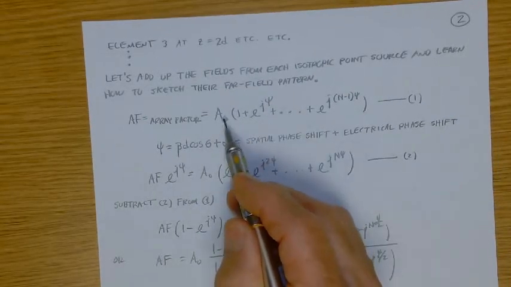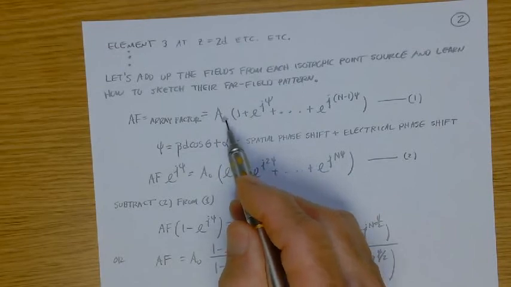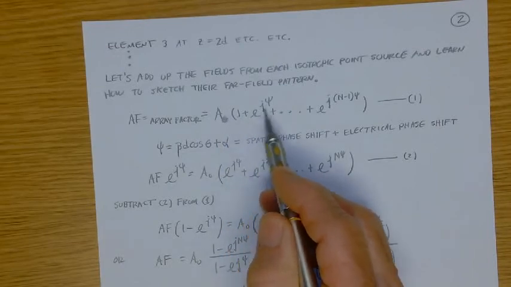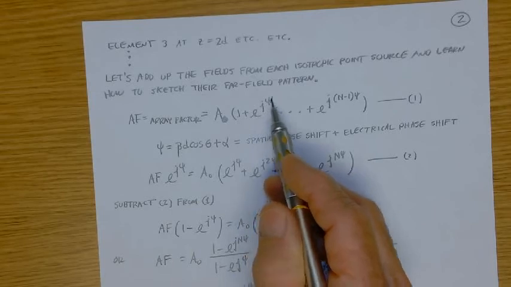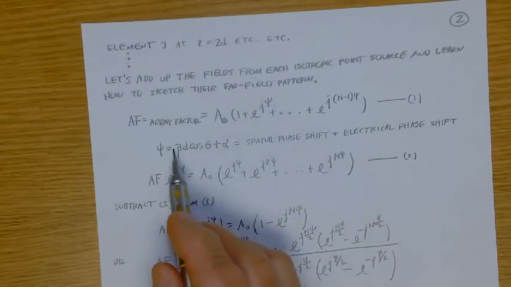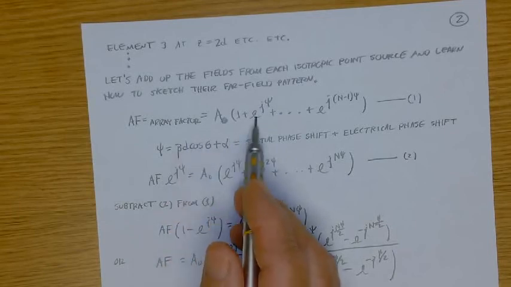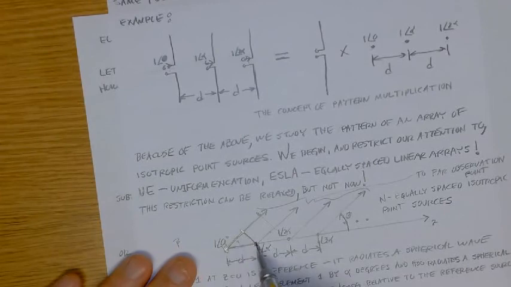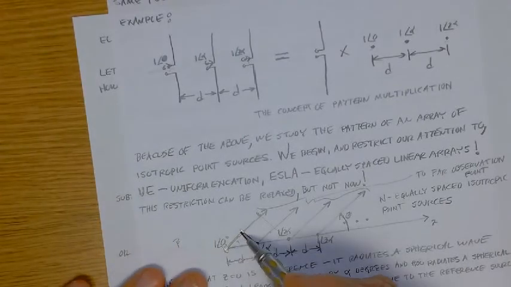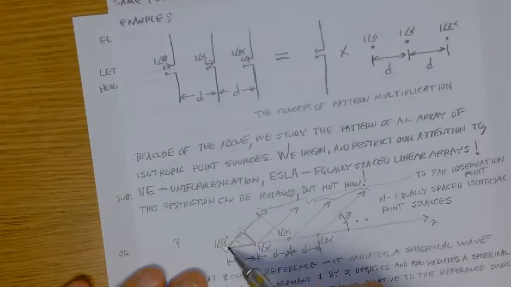So the first one is just 1, A sub 0. The second one is A0 times e to the j psi. What is psi? It is the sum of the spatial phase shift and electrical phase shift for element 2 in the array. Don't forget, this element leads that one electrically by alpha. It leads it spatially from a phase shift standpoint of d cosine theta times beta.